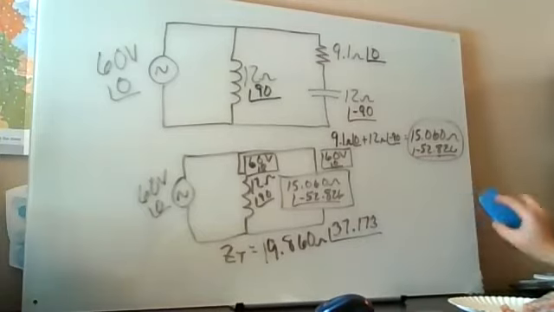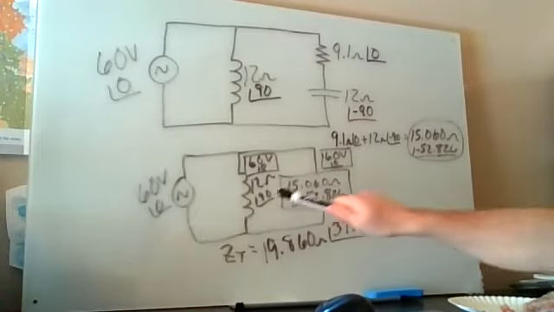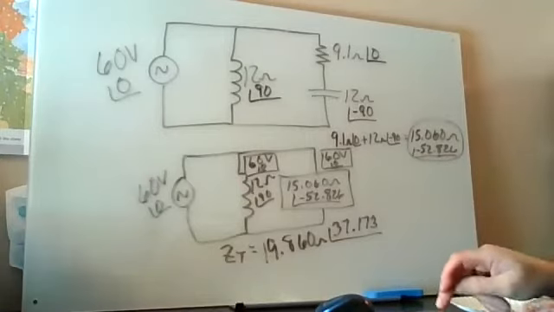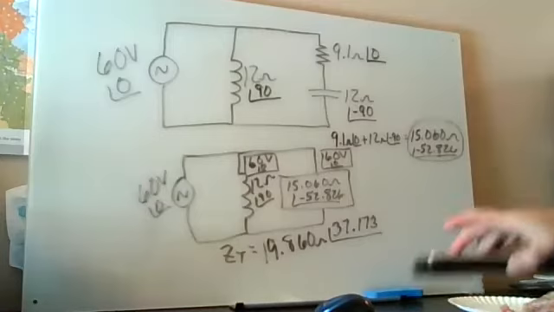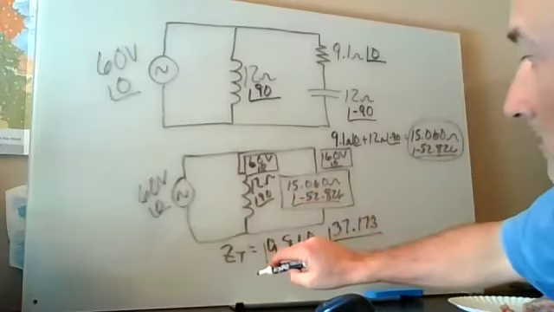So now I can get I total. Why do I want I total? Because when I get the current here and the current here, I need to add them together to make sure they come up to my I total. Because if they don't, then I did something wrong, and I don't want to continue on until I make sure this circuit is correct.